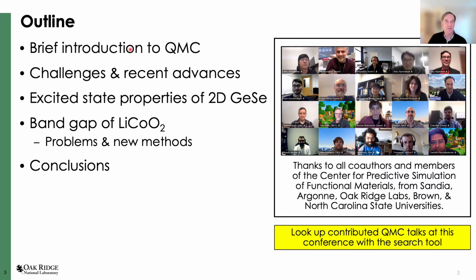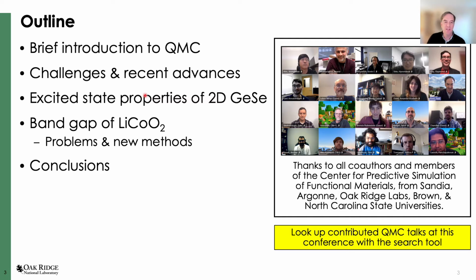So the outline of this presentation is really quite straightforward. I'm going to give a general introduction to quantum Monte Carlo, point out some of the challenges and progress that we need to make to advance the methodology, and then spend most of my time describing really two projects.